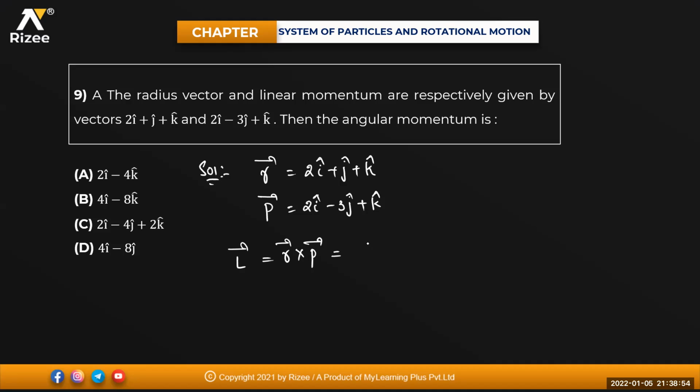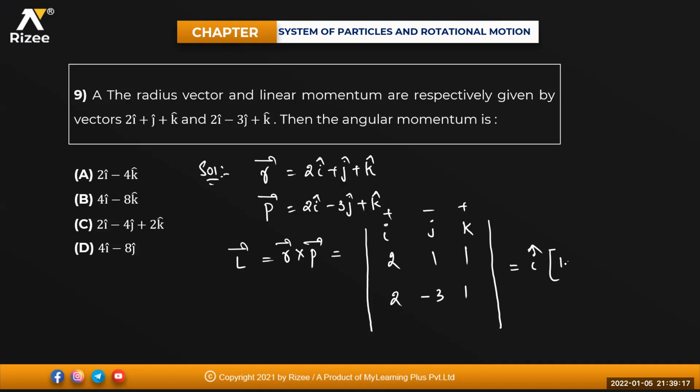That will be equal to how much? i cap, j cap, k cap. Cross product, isn't it? So R value is how much for me? 2, 1, 1. This is 2, minus 3, 1. So that will be equal to, if I need the value of i, plus, minus, plus. So if I need the value of i cap, it will be equal to 1 minus minus 3. Then minus j cap.